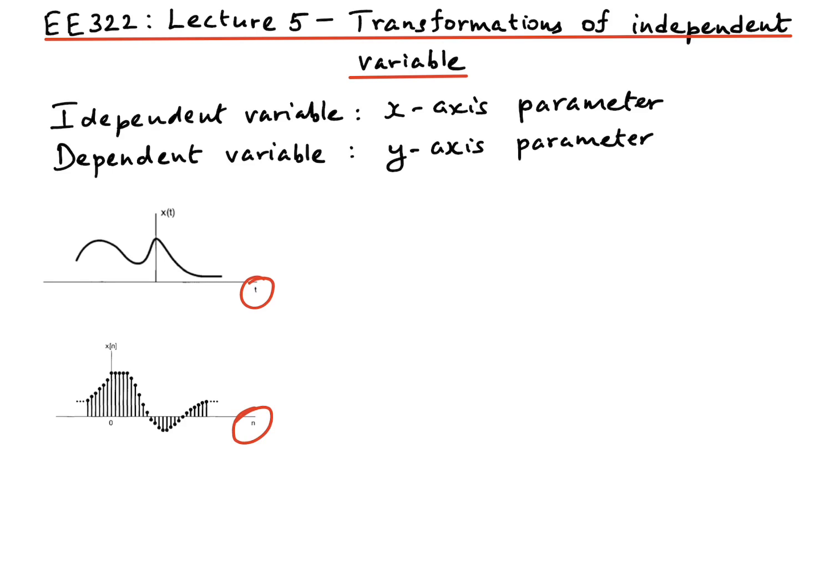Now it becomes useful to transform the independent variable in various ways for analyzing the signal, or even to analyze and study systems, and we will see how they can be used later on.